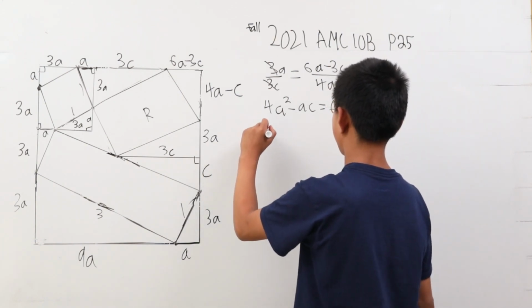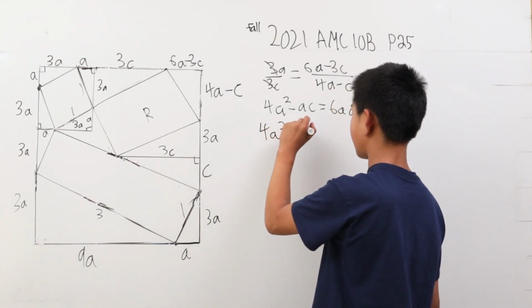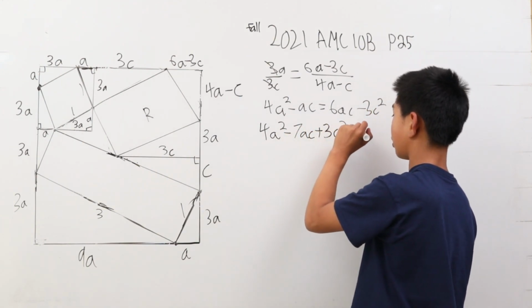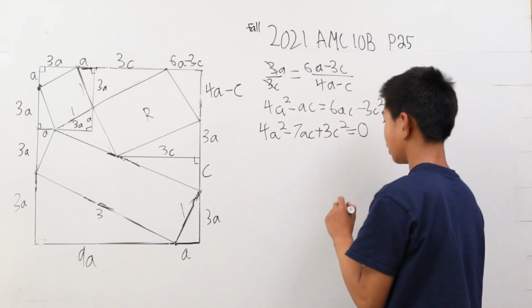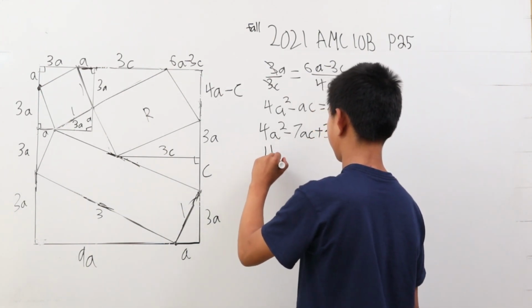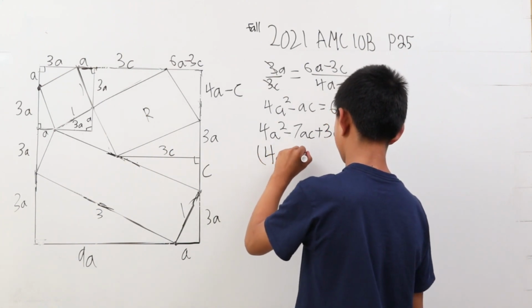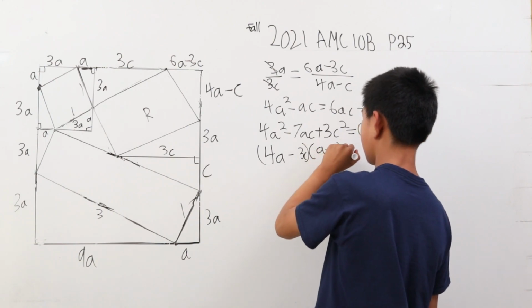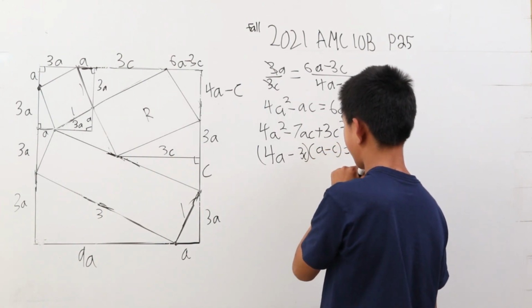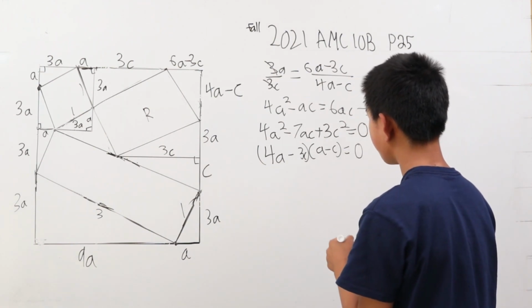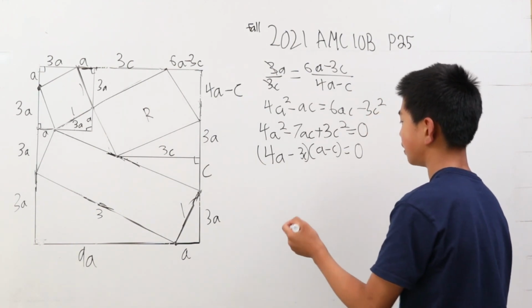So we get 4a squared minus 7ac plus 3c squared is 0. And we can factor it into what looks like 4a minus 3c times a minus c is 0. Yes, that is correct.